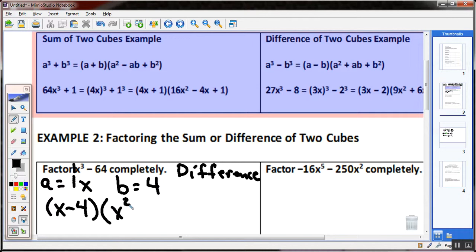And then it says plus AB right here, so plus what? What would A times B get you here, kids? Plus 4x, plus what? B squared now up here, right? By this rule, plus what?